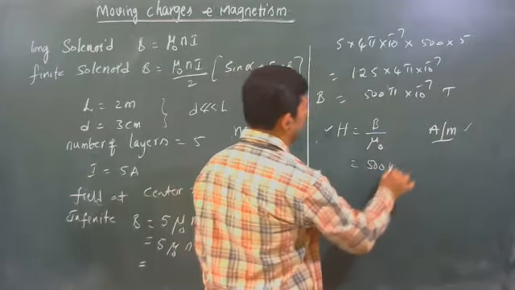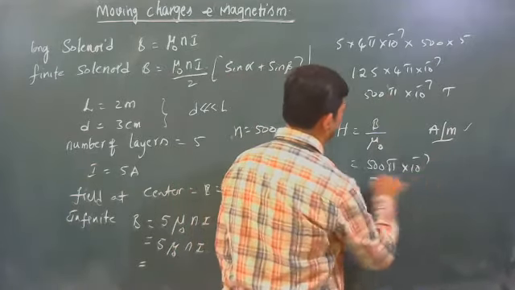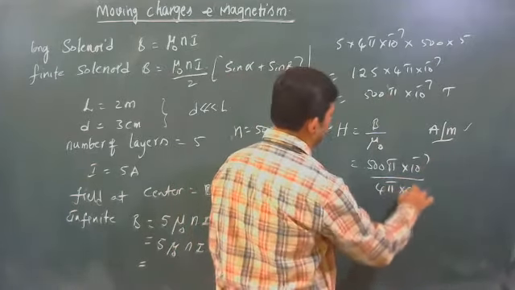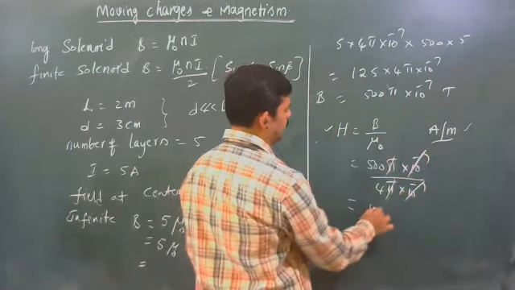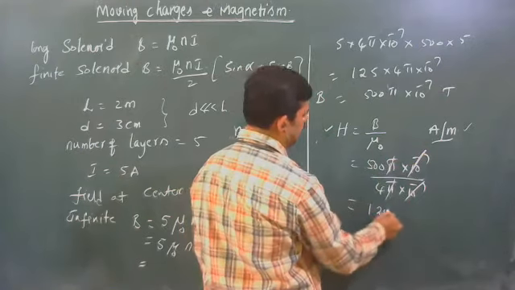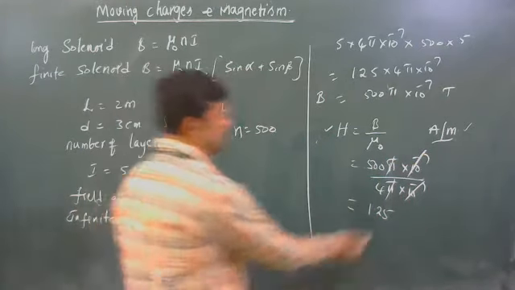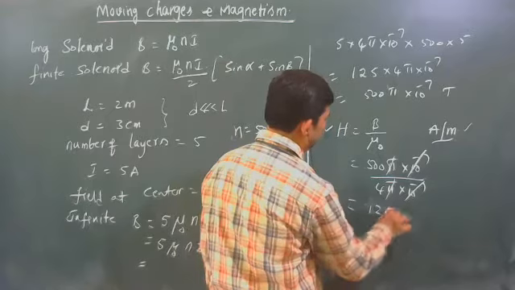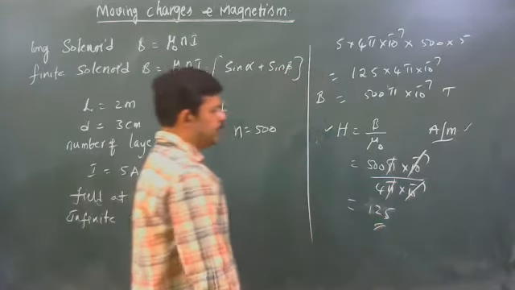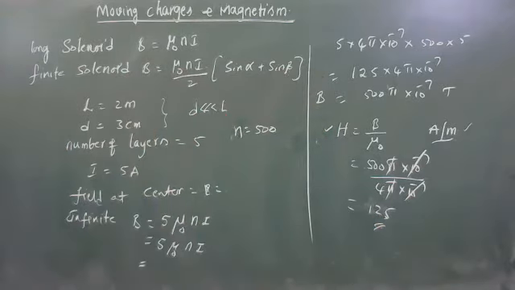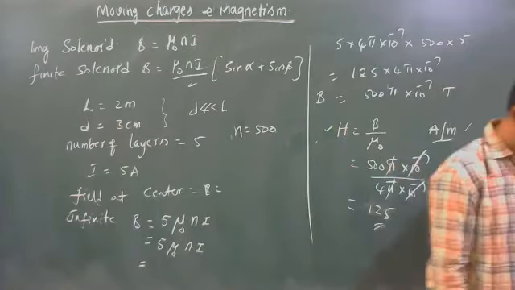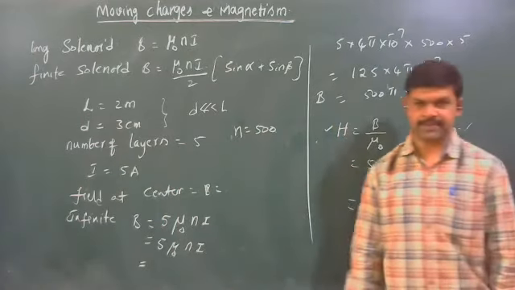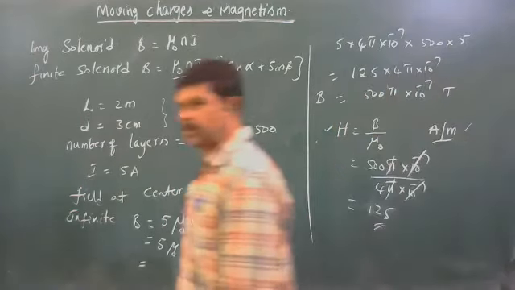Then 5 into 10 to the power of minus 7 into 4 pi into 10 to the power of minus 7. Answer is 125. That's it. No doubt.